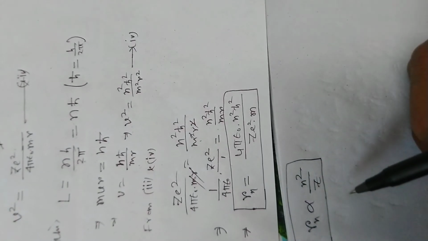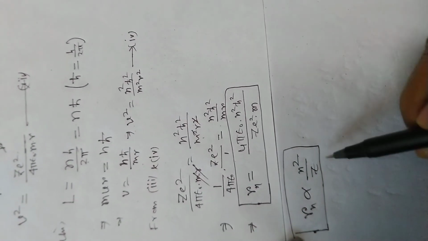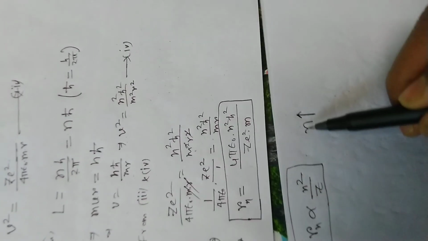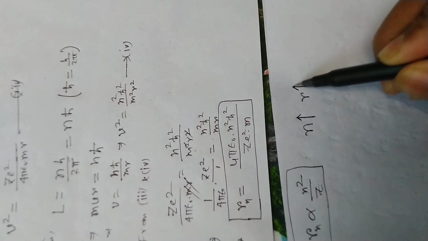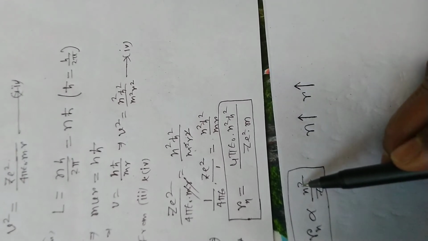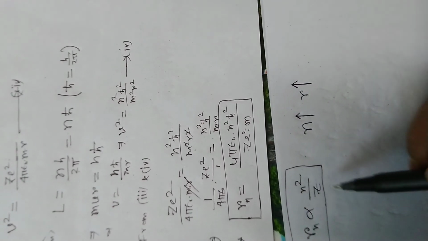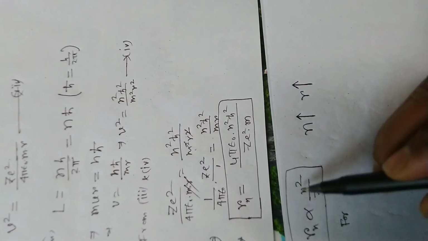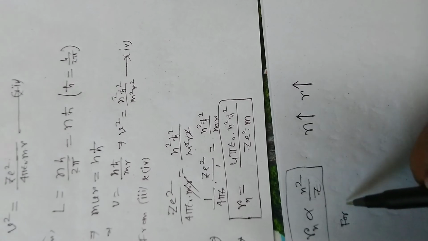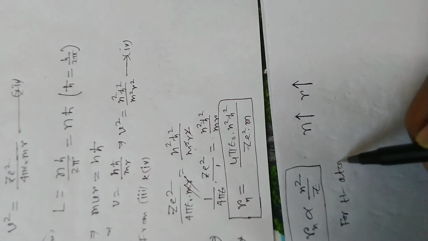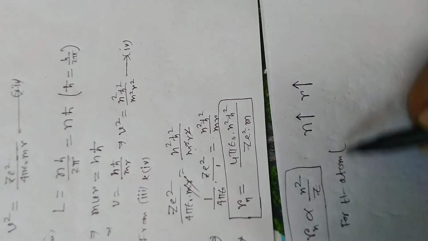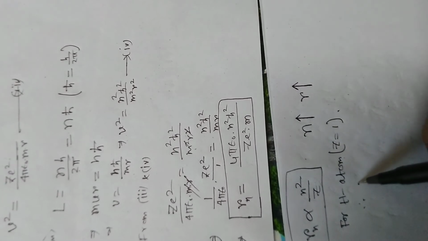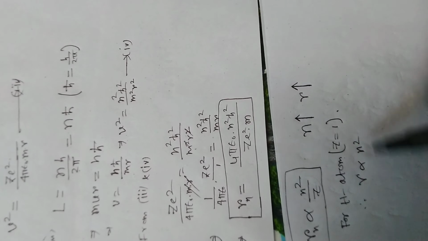That means if n increases, the radius also increases, in the power of 2. This is for hydrogen like atoms, not only hydrogen atom. If we apply it for hydrogen atom, the atomic number is z equal to 1, so we can write for hydrogen atom r proportional to n square.